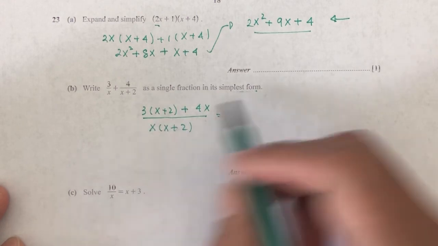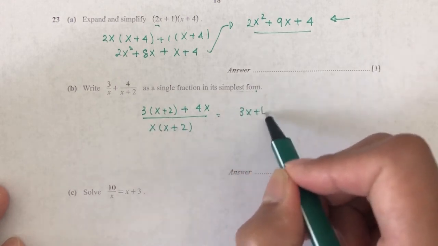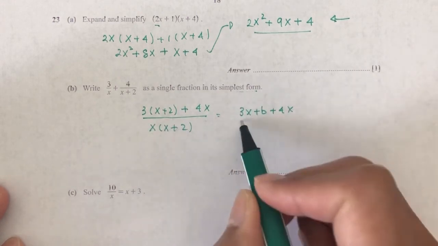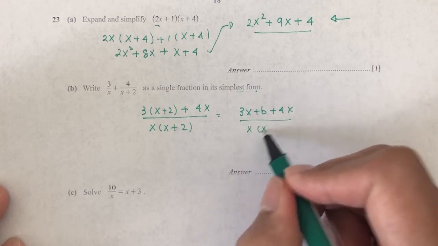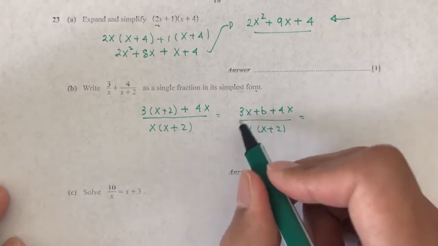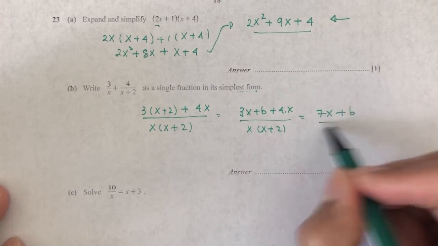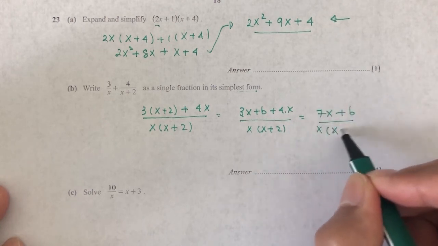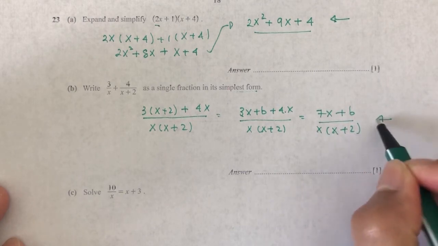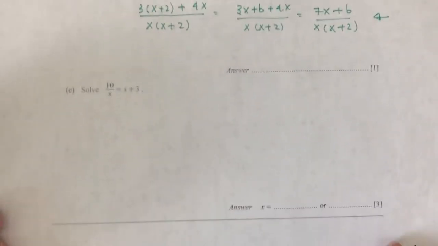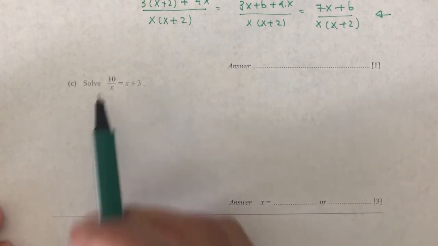That will be 3x plus 6 plus 4x divided by x plus 2. So 3x plus 4x will be 7x plus 6 divided by x plus 2, and that is your answer for part B.